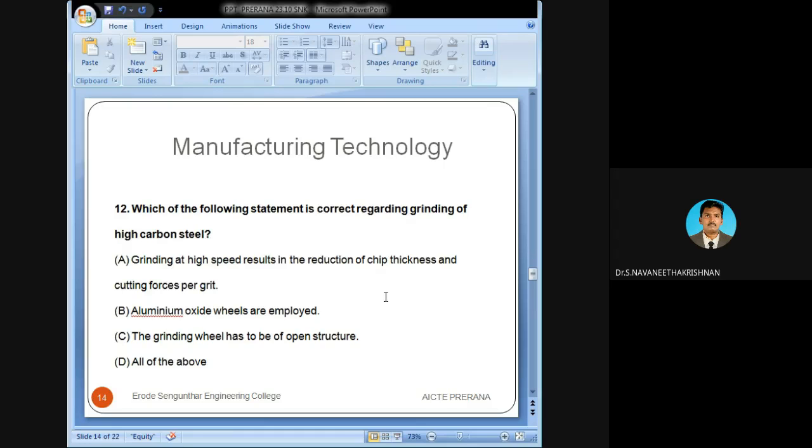Option B: aluminum oxide wheels are employed. Option C: the grinding wheel has to be of open structure. The fourth option is all of the above.